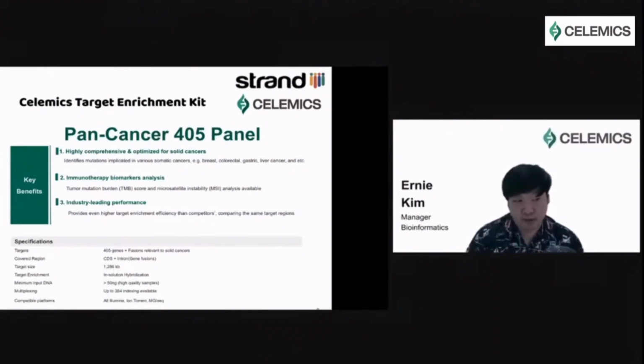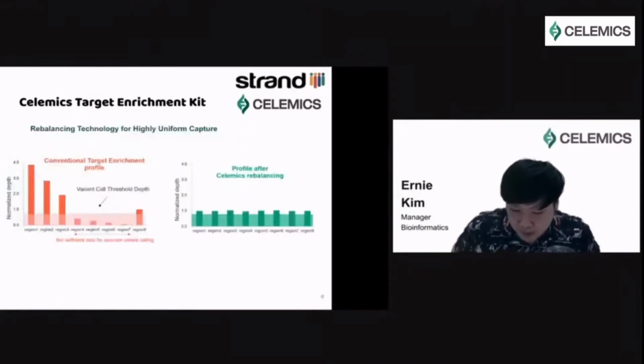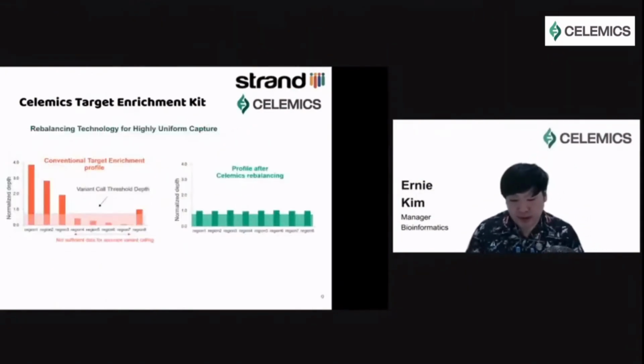And also, when we were creating this panel, we had our competitors in mind, and we ensured that our panel outperformed theirs. So if we look at the next slide, we can see Celemics rebalancing technology in action. A panel can have many regions of interest, but not all of those regions are guaranteed to be captured equally.